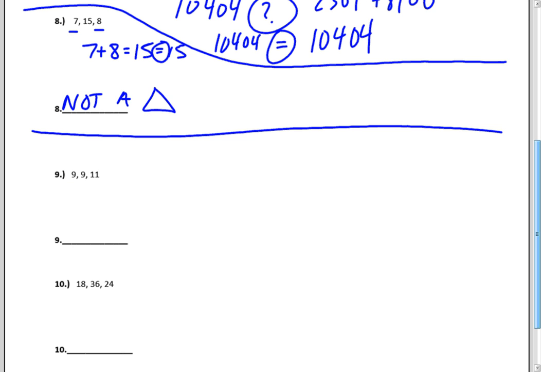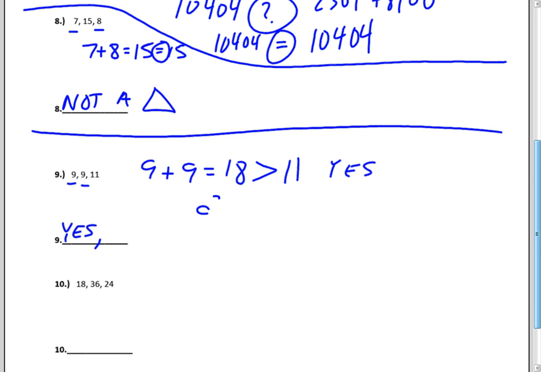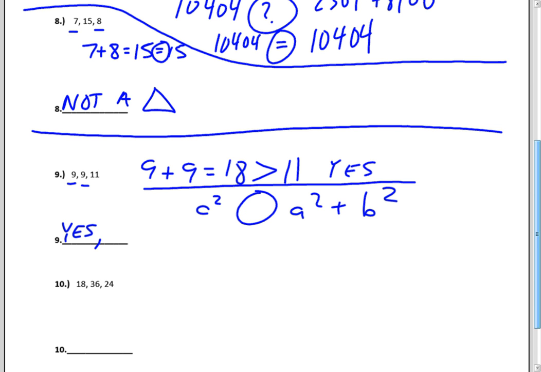9, 9, and 11. 9 plus 9 equals 18. Yes, 18 is bigger than 11. So we write down yes over here. And I go through my work for this. What should I put in for C? 11. Check your work. Did you put 18 in? 18 was done. We're done with that step. You put the 11 in here.